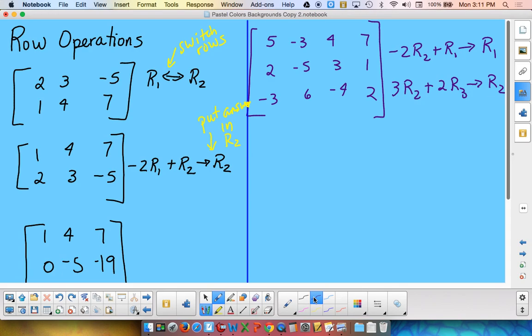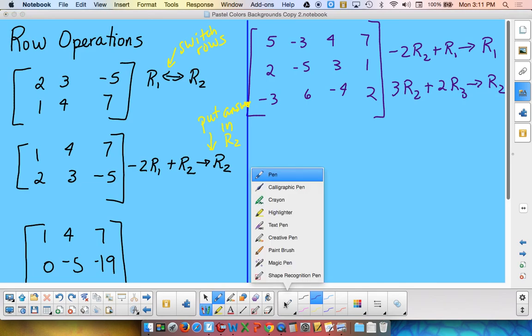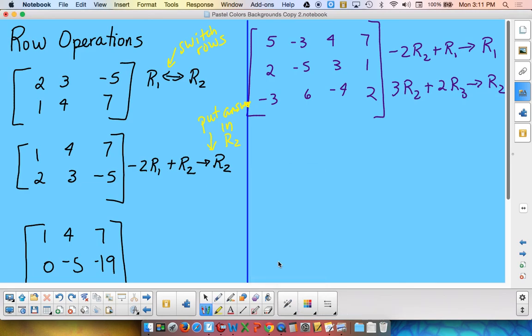In this case, I have elected, it says take -2 times row 2. So if I took this first number times -2, and then I'm supposed to add it to row 1, -4 plus 5 would make what? Yes, indeed, it would make a 1. So therefore, we would be putting 1 in our top left corner.